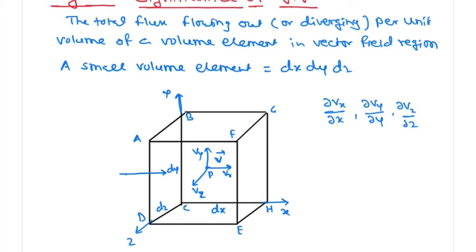Hence, its magnitude we write: it is vx minus ∂vx/∂x times dx divided by 2.